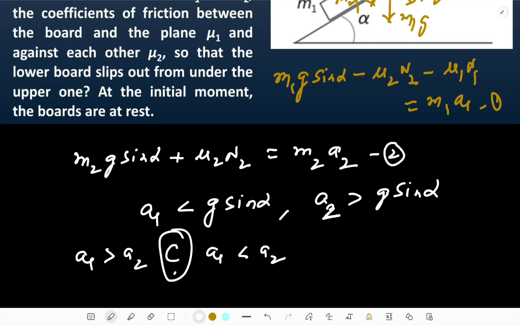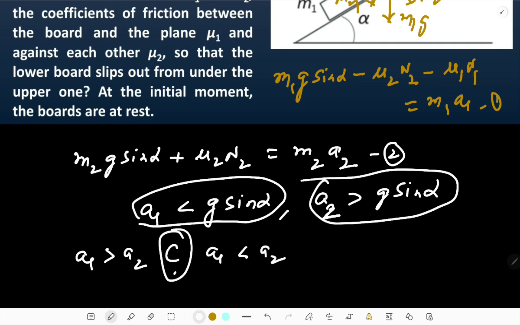This means that the assumption that the lower board can move with greater acceleration is erroneous. And this is not possible, because these two are true for any values of masses. So this cannot be possible. We sometimes solve problems like this in friction. Thank you very much for watching.